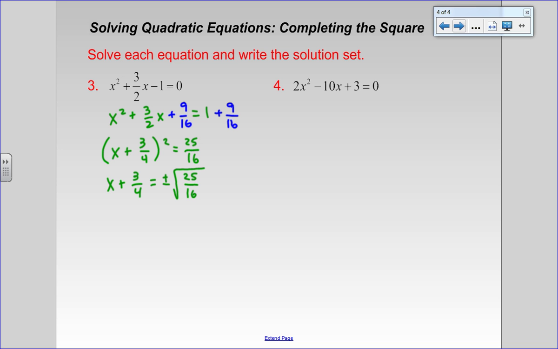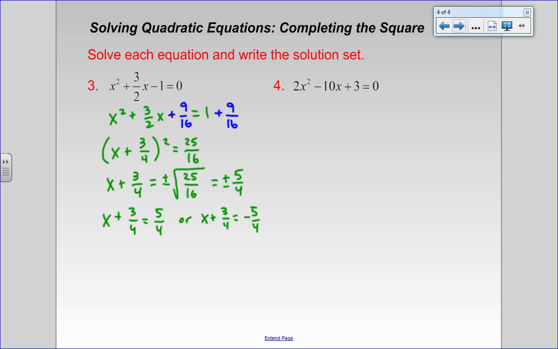We can simplify that square root, since both 25 and 16 are perfect squares, to plus or minus 5 over 4. This means we have two equations to solve. x plus 3/4 equals positive 5 over 4, or x plus 3/4 equals negative 5 over 4.